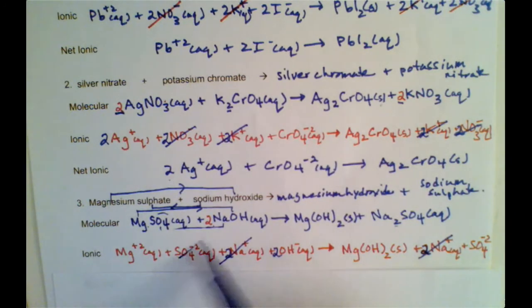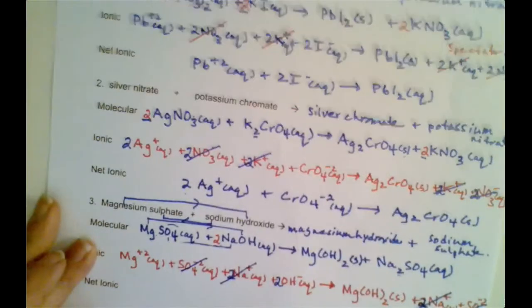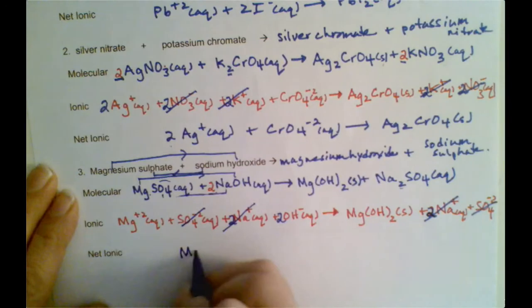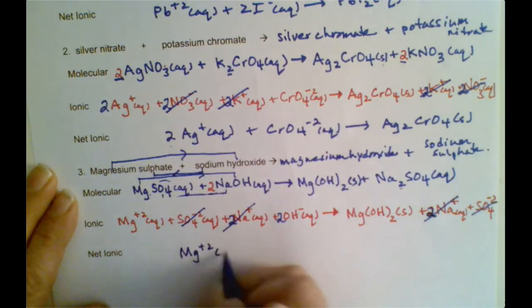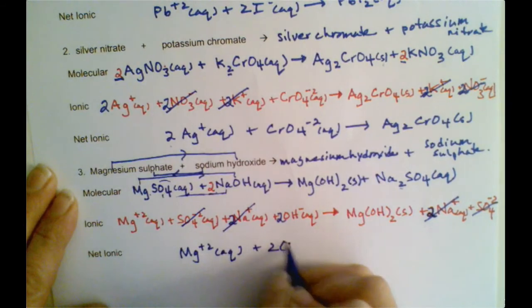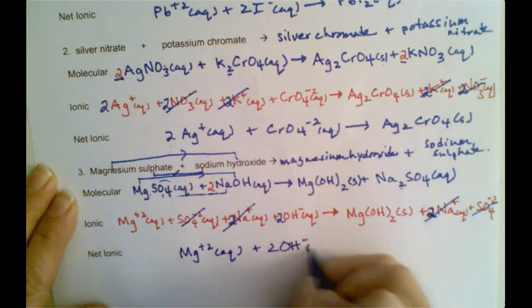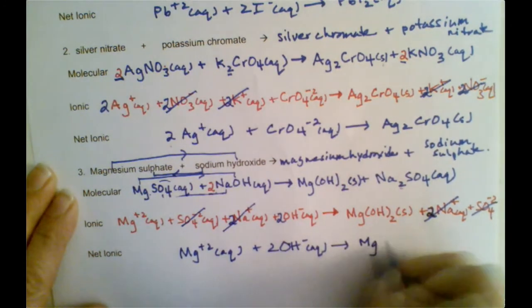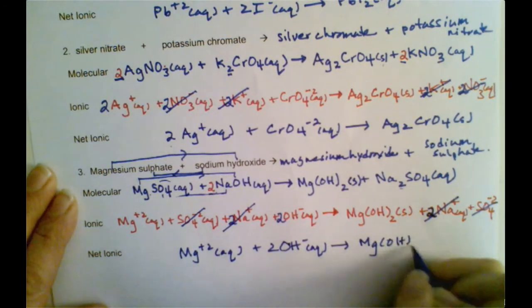We see that sulfate gets canceled off. And you are indeed left with your net ionic equation, Mg +2 plus 2OH- ions, yielding your precipitate of magnesium hydroxide.